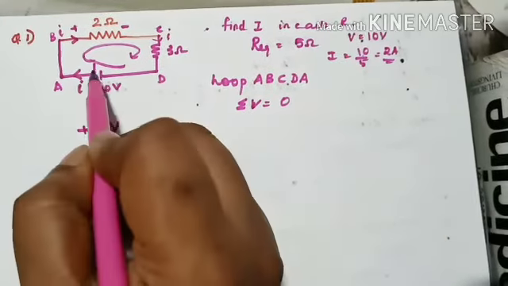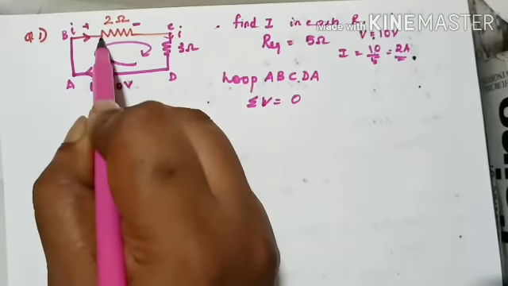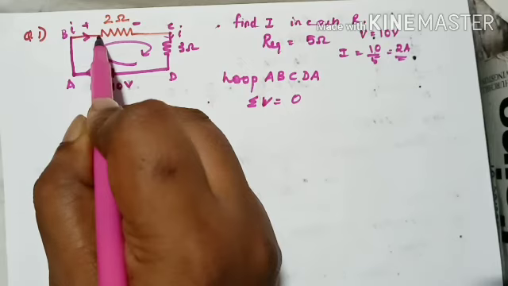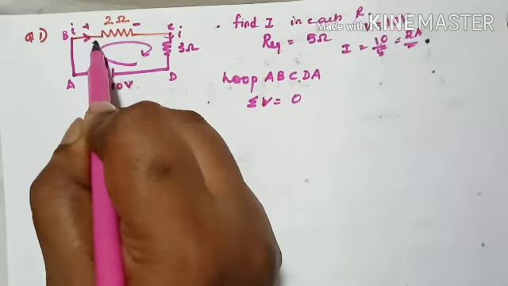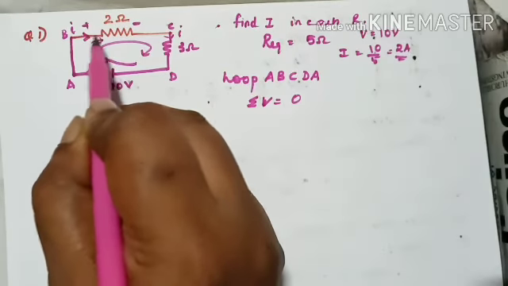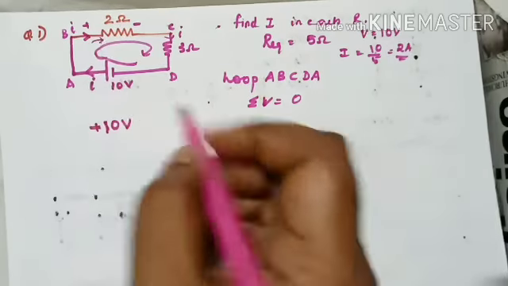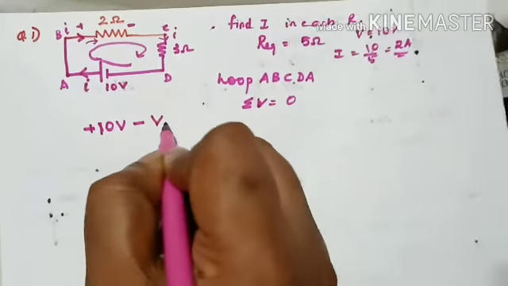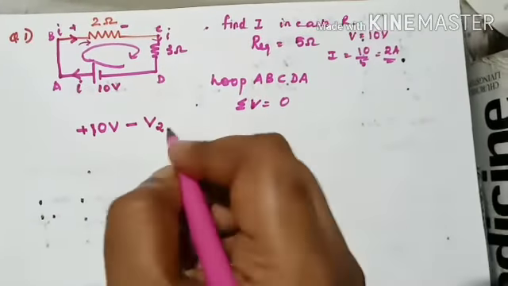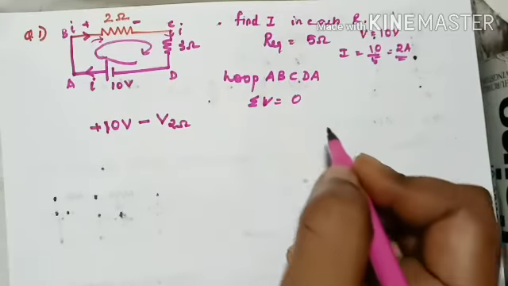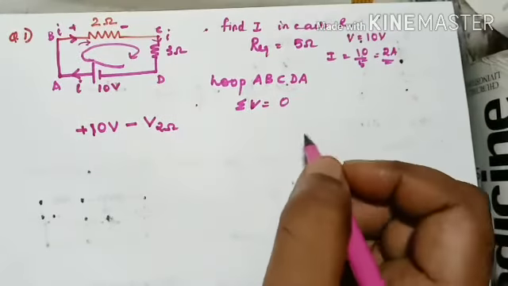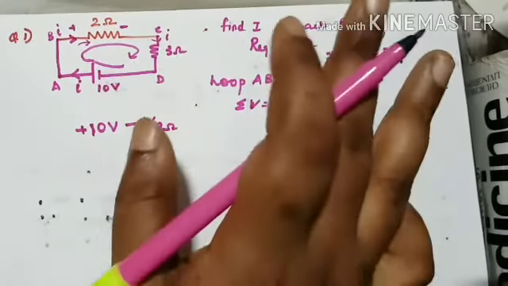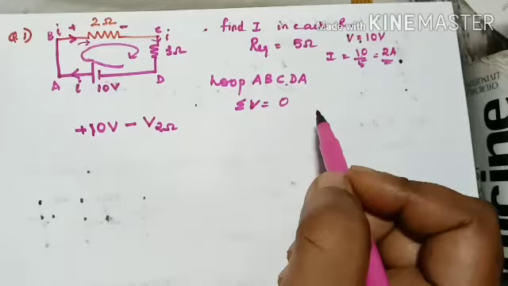Now I gradually moved and reached the 2 ohm resistor. I am moving in the same direction as that of the current inside the 2 ohm resistor. Let us call the voltage across it V of 2 ohm, so it is minus V of 2 ohm. We can write the value, but let's write it in this way first.